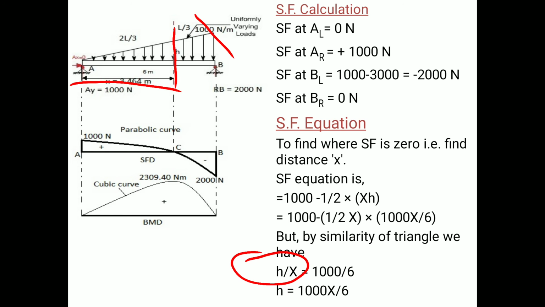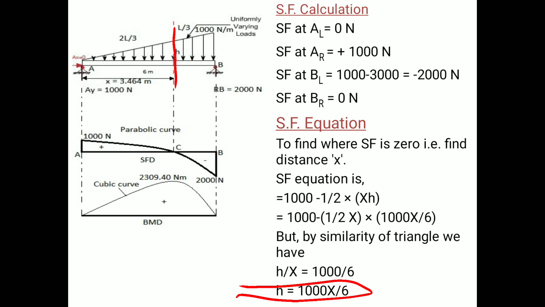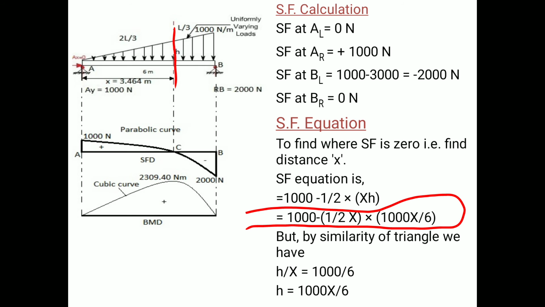So from this equation, by using similarity of triangle, we have h equal to 1000x upon 6. That value we are going to put into this equation. After putting this value into this equation, we have 1000 minus 1/2 x into 1000x upon 6, because the value of h is 1000x upon 6.